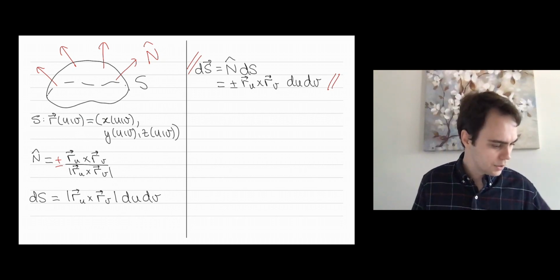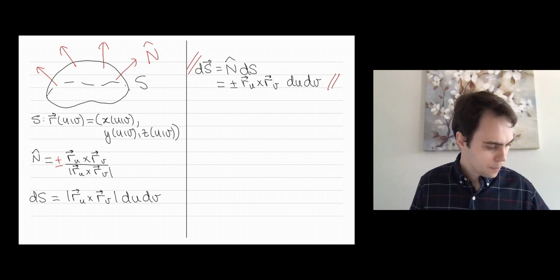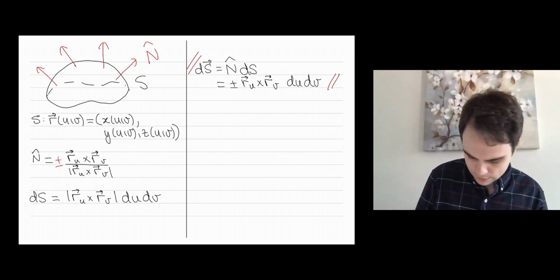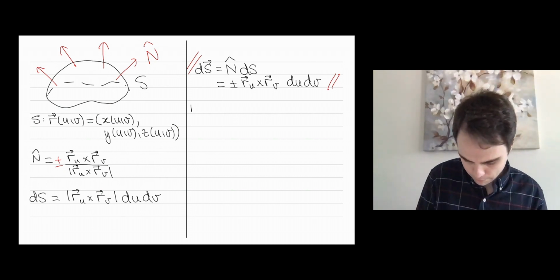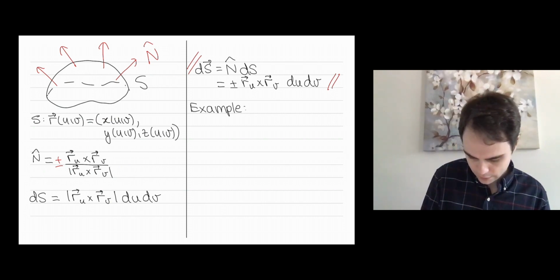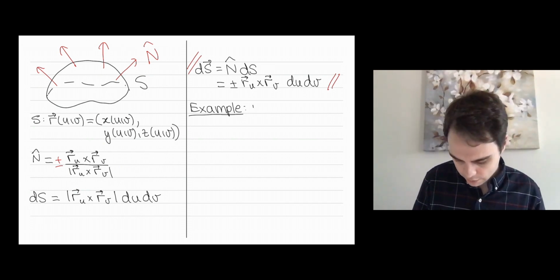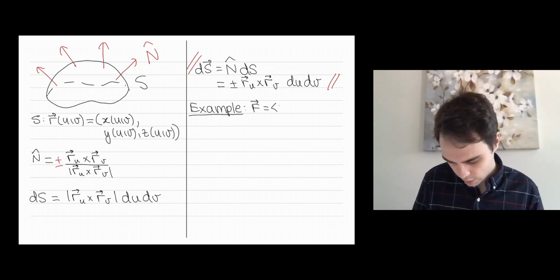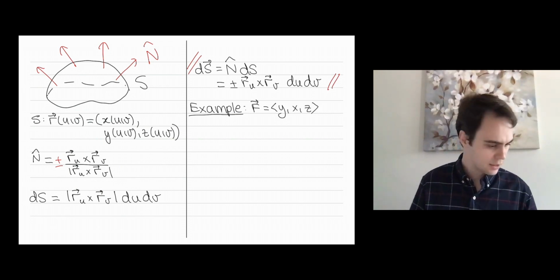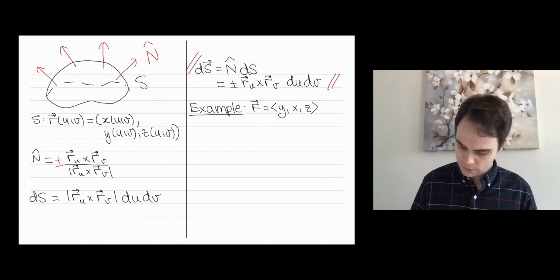So here's a good example. I'm going to take for my vector field the vector field yxz. So F is yxz, right? The first component is y, second is x, third is z.